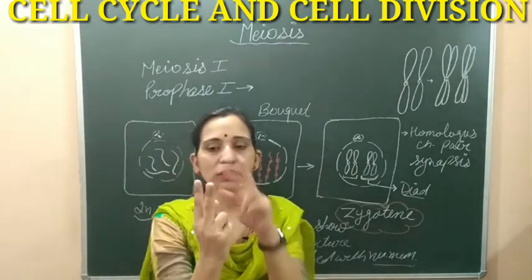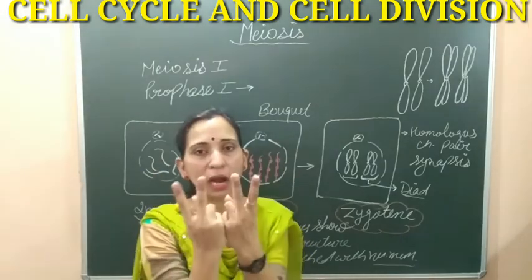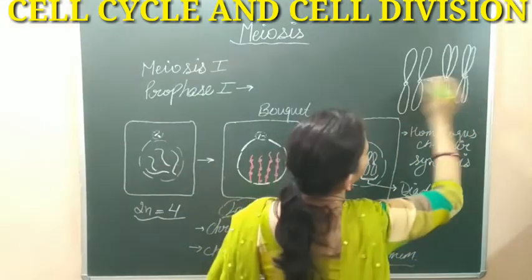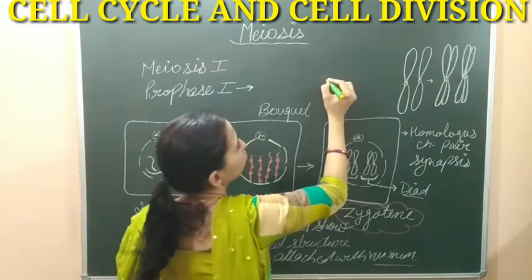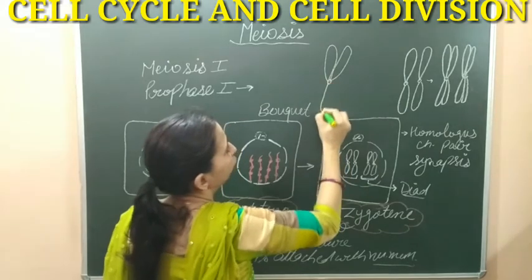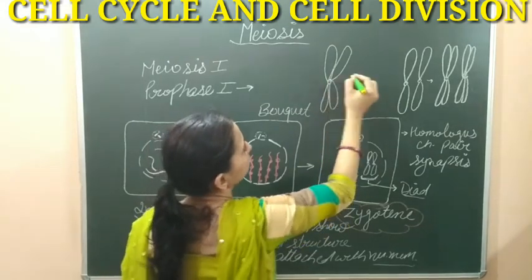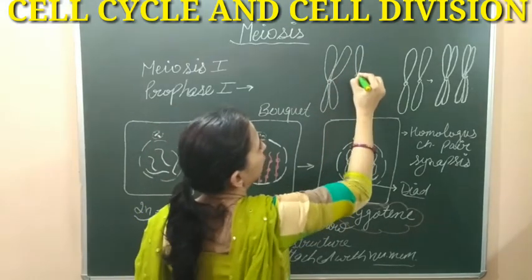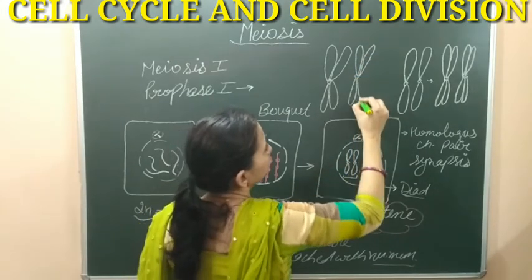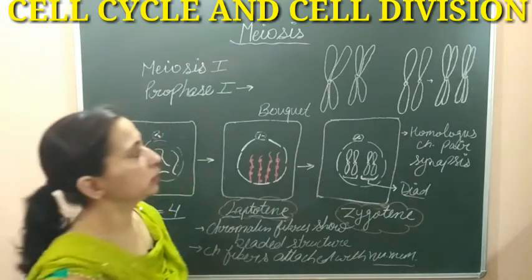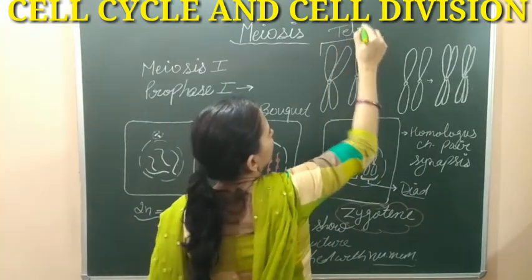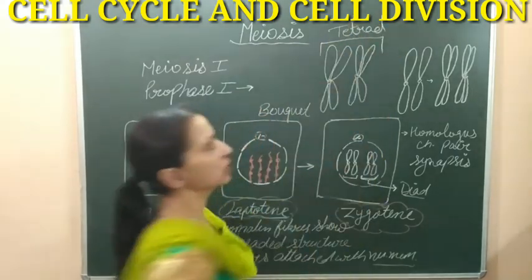At this condition, we can see the four arms. हमें four arms show होंगी, and if we draw the structure after splitting, हमें किस तरीके की structure दिखाई देगी? We will show the structure like this. After splitting, when these chromatids get separated, we show the structure like this, and this structure is known as tetrad.